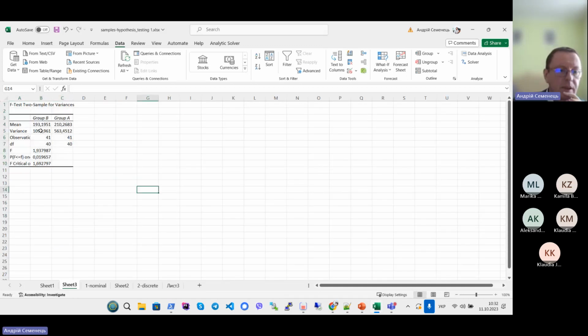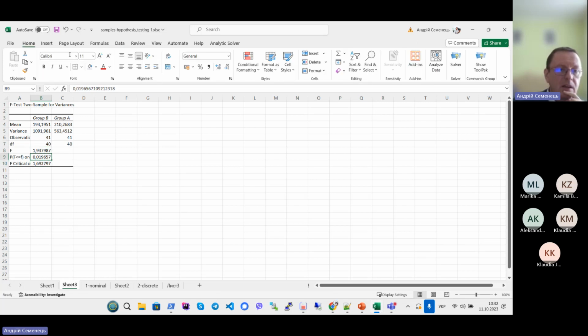Here is the correct result, greatest variance, smallest variance. So here we have an F statistic greater than F critical, and we have a very small significance. F is greater than F critical, so we reject the hypothesis and we have a difference in variance.